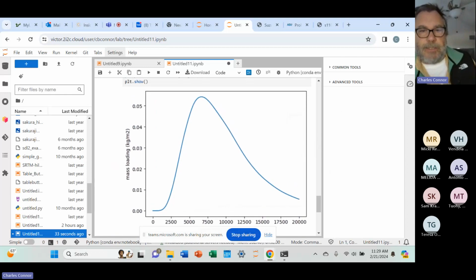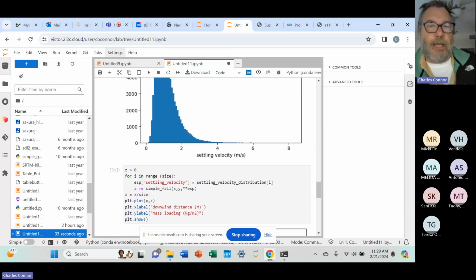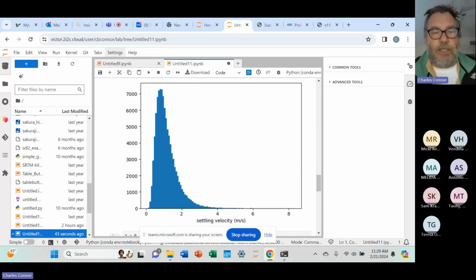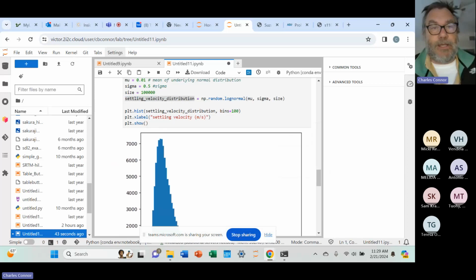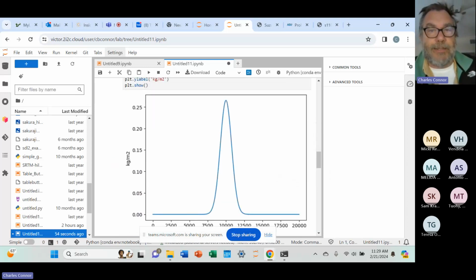What I expect in terms of the Tephra mass loading as a function of distance downrange. All we're doing now is saying there's random variation in the settling velocity, and I'm simulating that by running 100,000 simulations with different settling velocities.